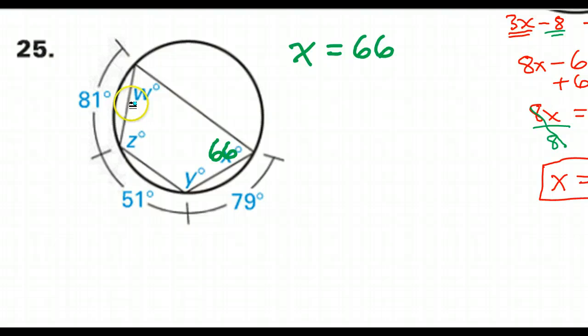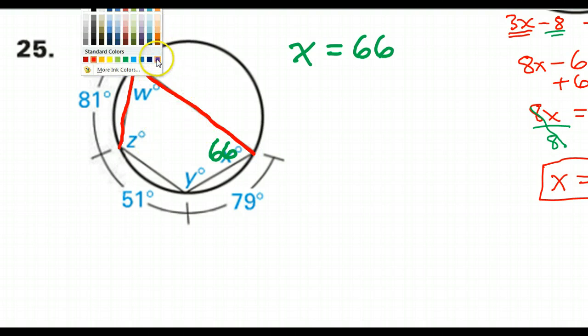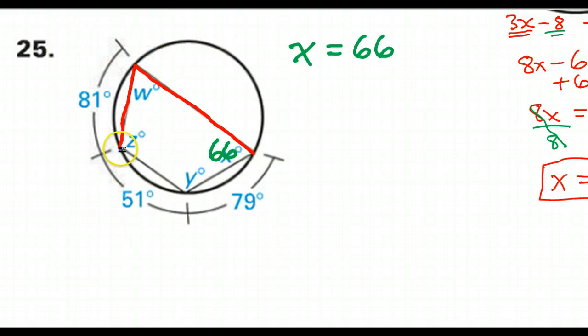So W, this angle right here, if I trace it, makes it more clear. So W goes from here to here. That is angle W. And the intercepted arc that goes with that is this purple arc that goes like this. Alright, that is the intercepted arc. But how many degrees is that intercepted arc?